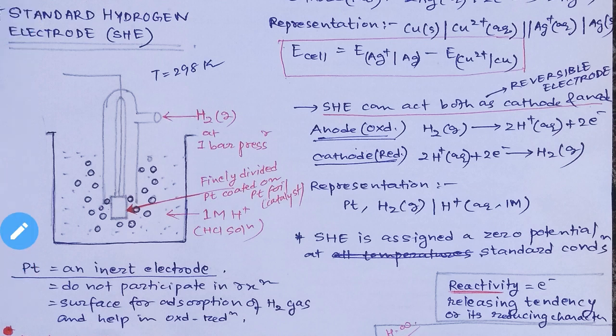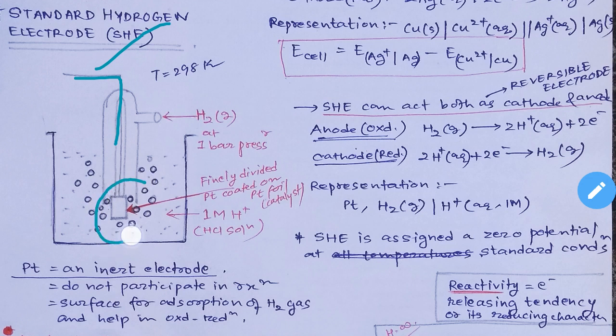So we will see the construction of the standard hydrogen electrode. For making the standard hydrogen electrode, in a beaker we take a platinum wire. This thin platinum wire is sealed in a glass tube.